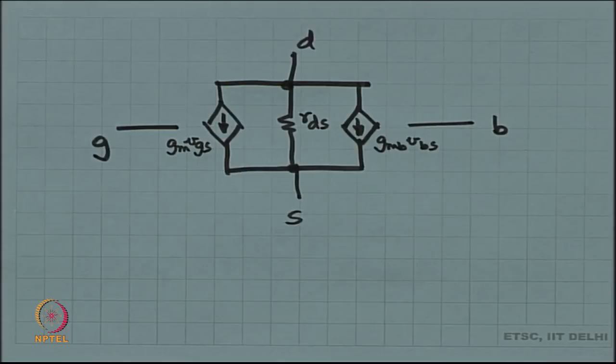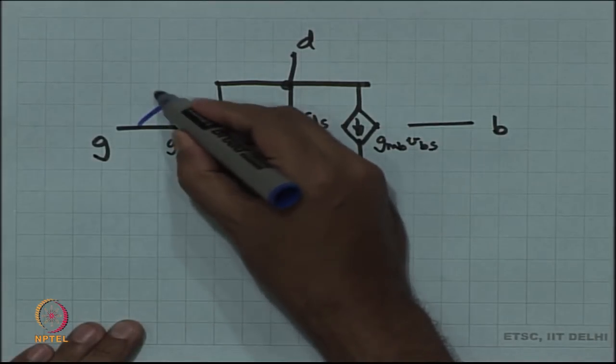Okay, these were the three standard ones that we have been looking at from the beginning. And then because of capacitance, there are four more elements.